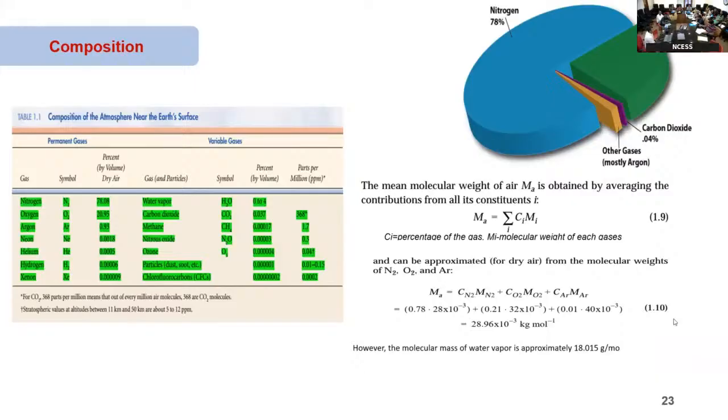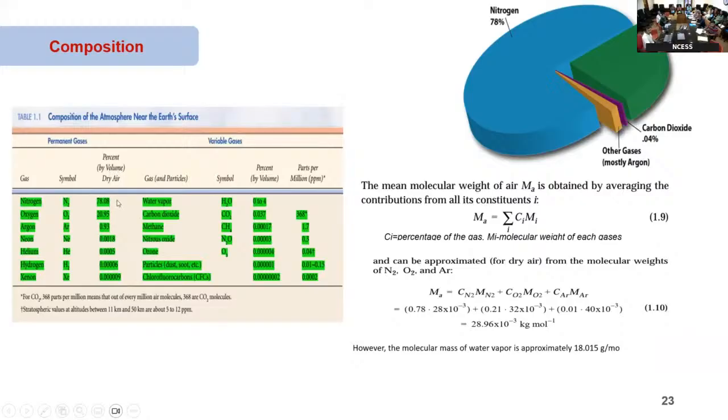Okay. So now I will go to the composition of the atmosphere. The main components are listed here. Also note that, as research fellows, you should always mention the unit of the variable. Here this is presented in percentage by volume.